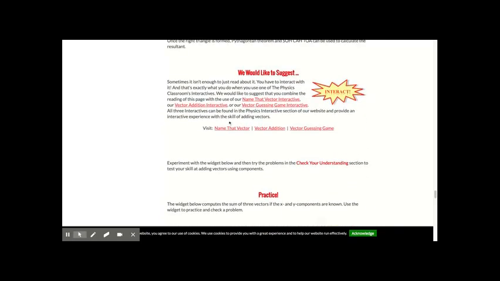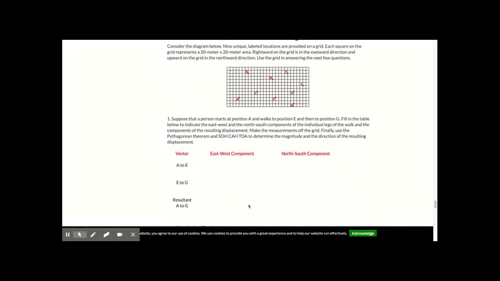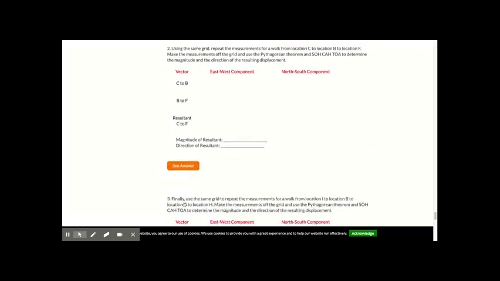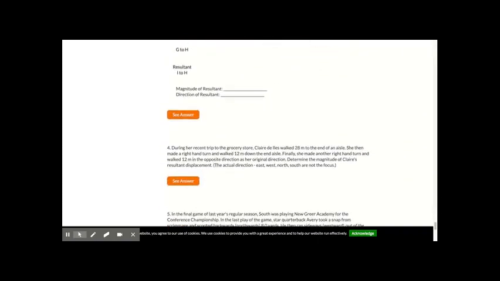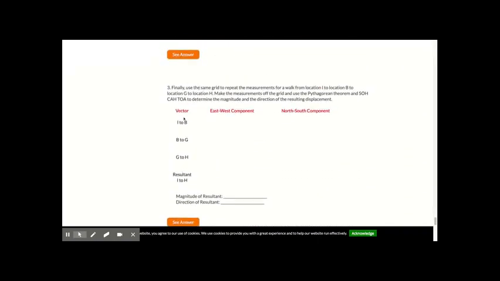If you keep going, and I know this is a long page and you don't have to go through all of it, there are interactive sims that you can play with, and I think the vector addition interactive is really good. You can actually do some practice here with combining vectors mathematically, and then you can check your answer at the bottom. There are several examples right here at the bottom of the page in combining one, two, and three vectors.